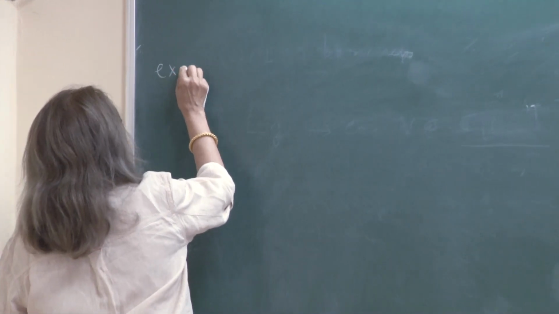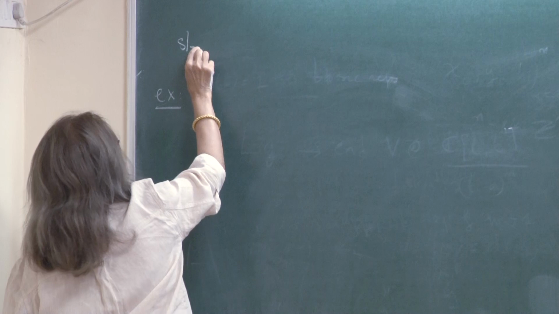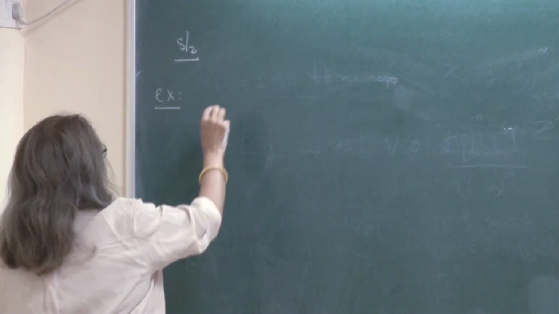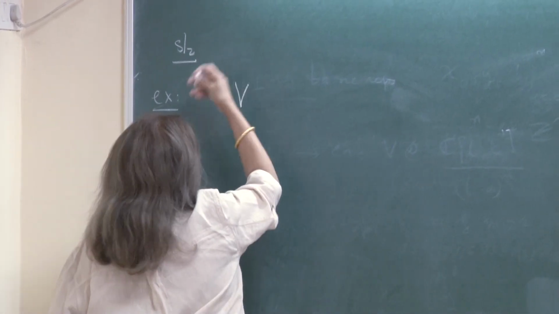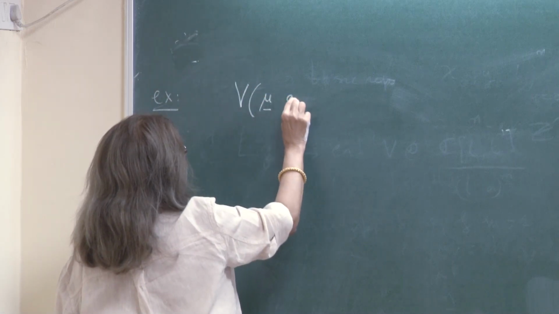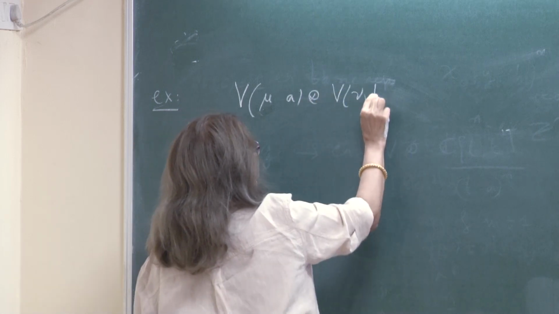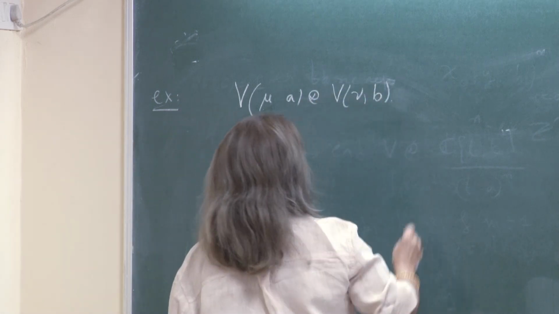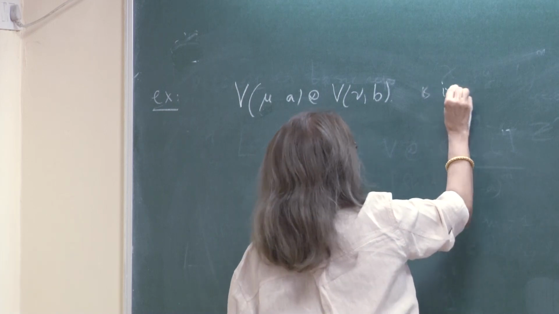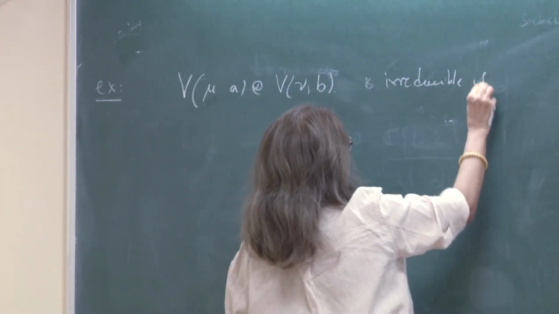So there's an exercise which is not very hard to do. Let's just think of it for SL2 for the moment because it's easier to write down. If you take V mu A tensor, let's say V nu B, then you can prove that this tensor product is irreducible if A is not equal to B.